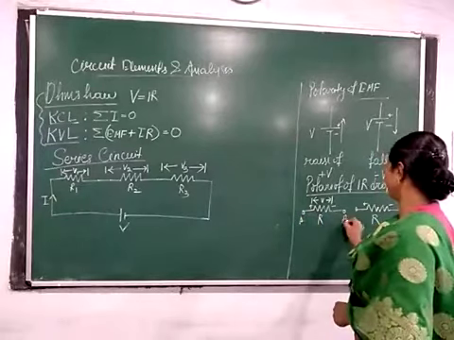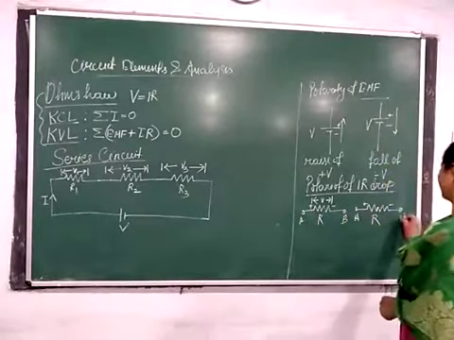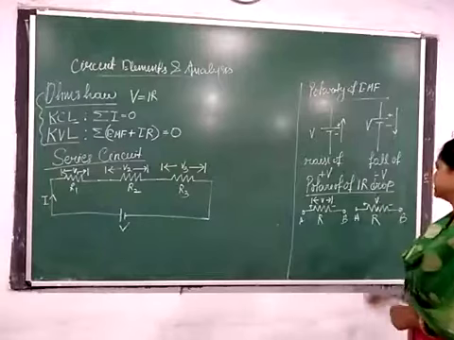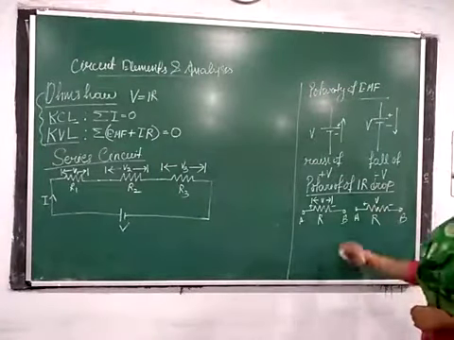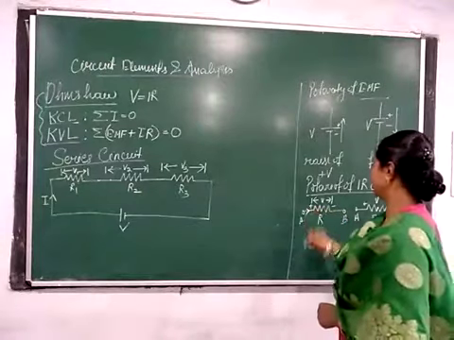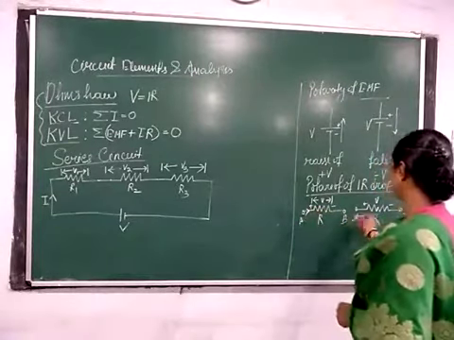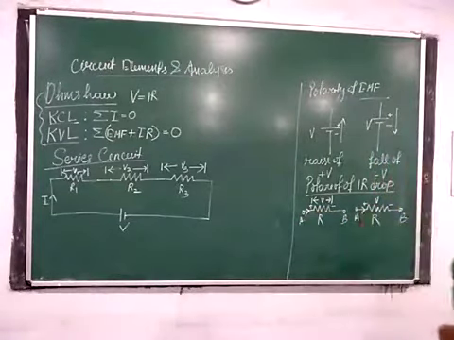These are point A and point B. This V is the voltage drop across the resistor. Here the current is flowing from point A to point B, and here also from point A to point B.